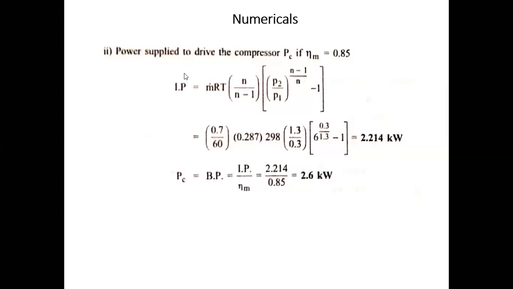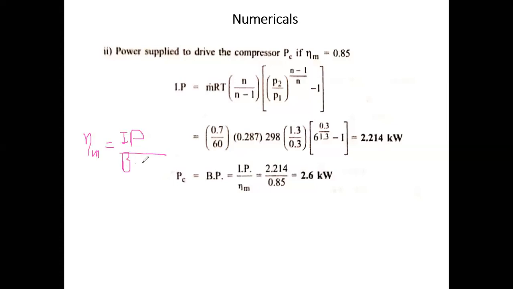Now what we have to find out is the power supplied to drive the compressor. As you all know, the mechanical efficiency is nothing but indicated power to the brake power.